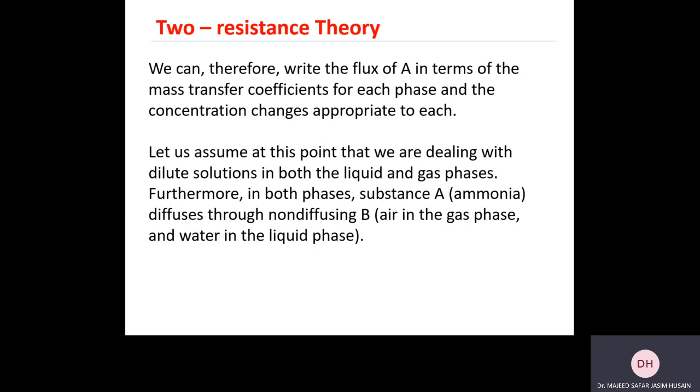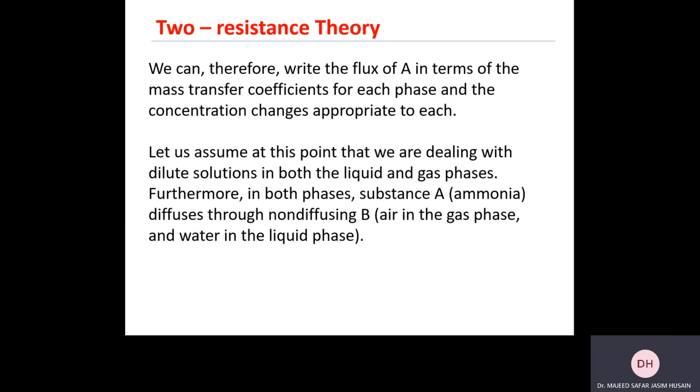So from now on, we are trying to find a mathematical relationship, but to do that, we should do it in each phase. So let us assume at this point that we are dealing with dilute solutions. We always make this assumption, in both the liquid and the gas phases. Furthermore, in both phases, substance A diffuses through non-diffusing substance: air in the gas phase and water in the liquid phase.